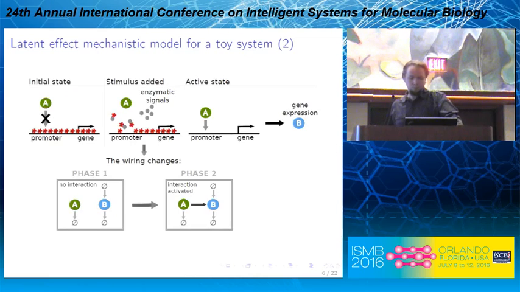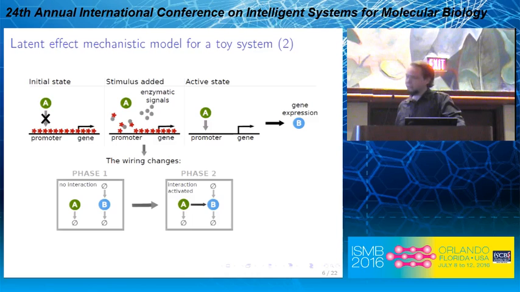The situation is a bit different if the gene's locus is covered with some kind of silencing marks in the initial state. Once the cells are treated with some drug or some stimulus, there can be some unknown enzymatic signals that remove the silencing marks, and eventually we reach the active state where the transcription factor can bind and we obtain the gene product.